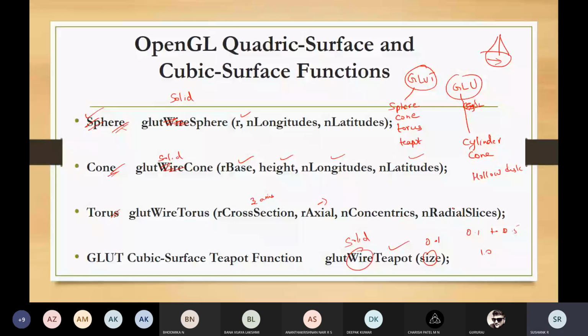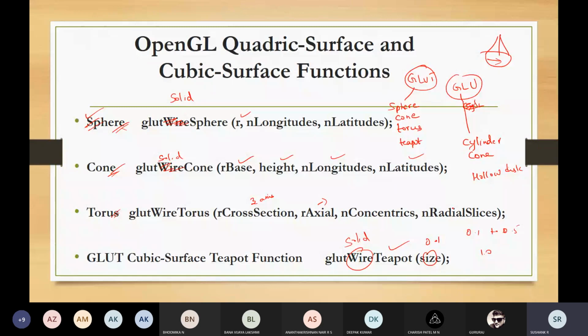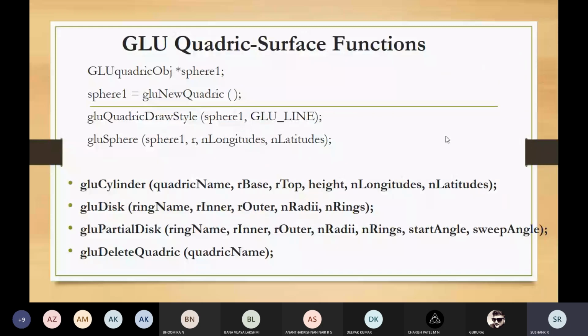This is with respect to the glut functions. The previous one was with respect to the glut libraries, the glut functions to display sphere, cone, torus, teapot. Now we are using GLU functions to display cylinder, disk, partial disk, and deleting the quadratic.